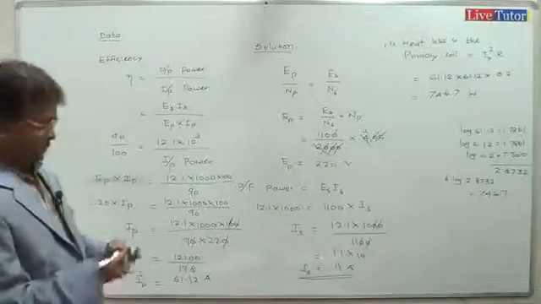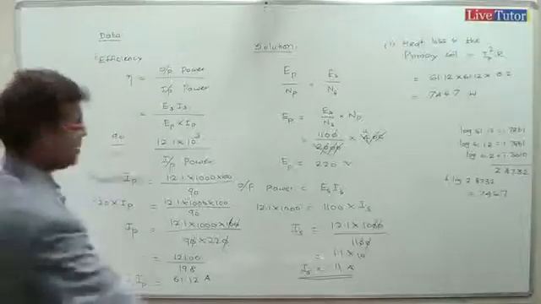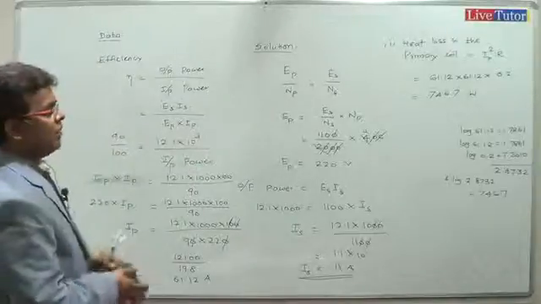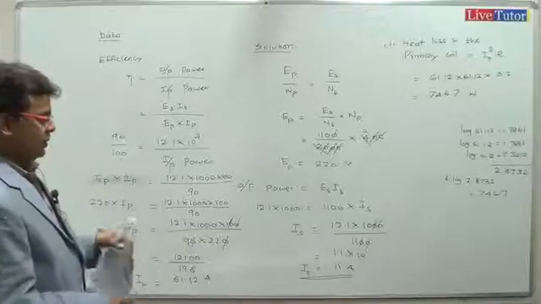Similarly, heat loss in the secondary coil. Make it fast. Calculate similar to that. In place of IP, you put IS and find out.